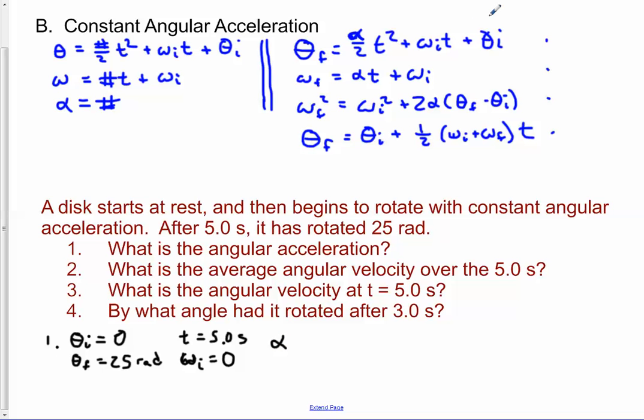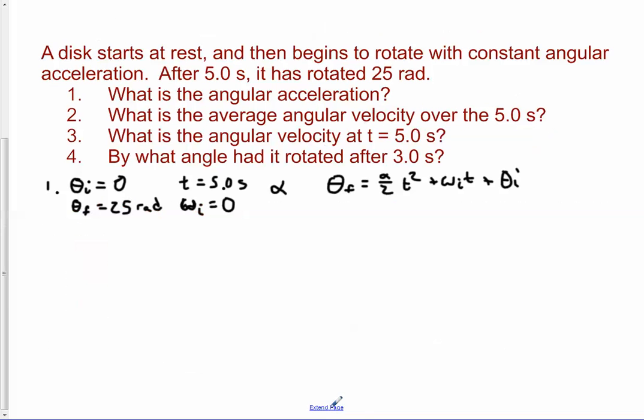Looking at our formulas, I think equation number 1 is going to give it to us. So we have theta f equals alpha over 2 t squared plus omega i t plus theta i. We're looking for alpha, so I can bring the other guys over. Theta f minus theta i minus omega i t equals alpha over 2 t squared.